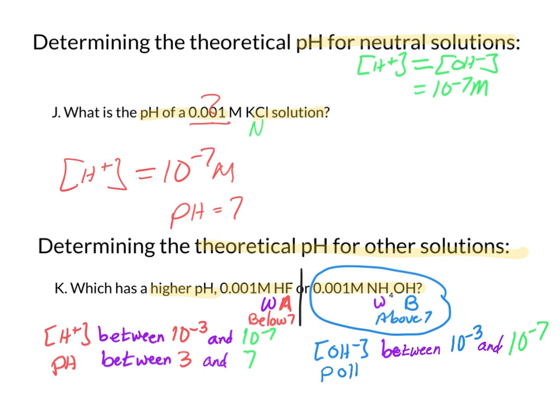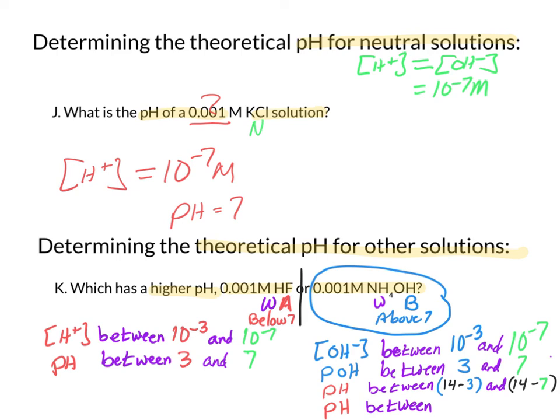So our pOH is between 3 and 7. And now convert that to the pH, which again is being subtracted from 14. So our answer is that the pH of the 0.001 molar NH4OH is going to be between 11 and 7. So hopefully again you can see that the number between 11 and 7 is higher than the one that's between 3 and 7.